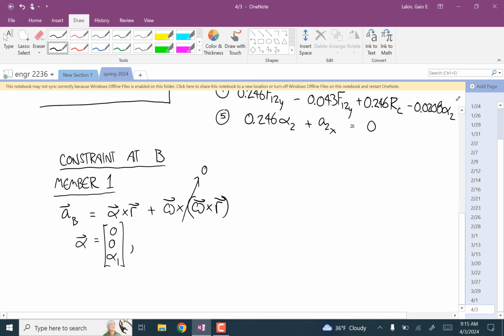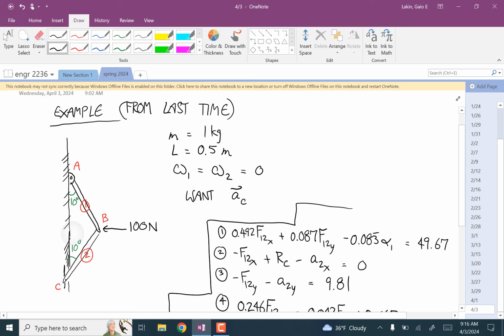This all goes away because omega is 0. And then R is the vector that goes from the center of the circular motion to the point that you're calculating. So that's a vector that goes from A to B.